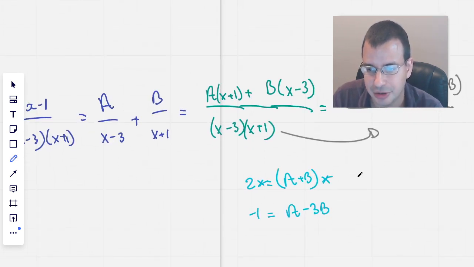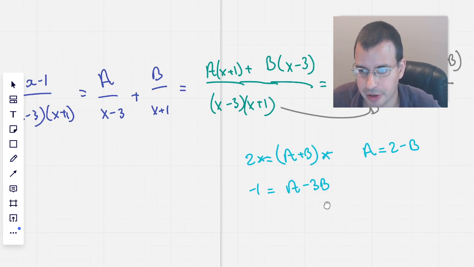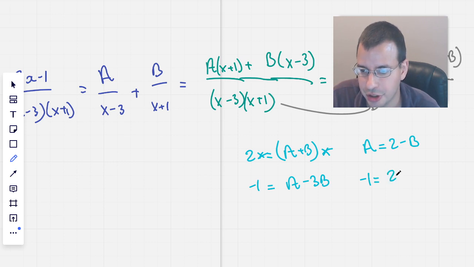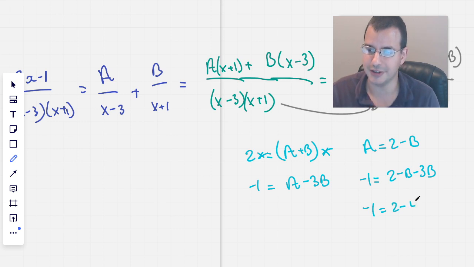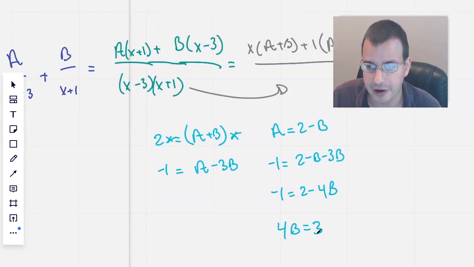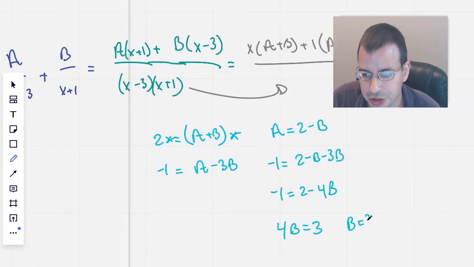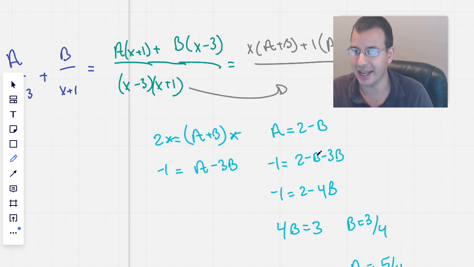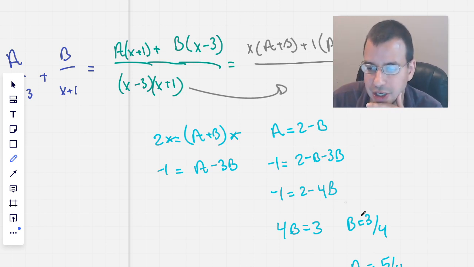So the x's cancel, and we have A equals 2 minus B. We come down here and plug this 2 minus B in for A. We have negative 1 equals 2 minus B minus 3B, so negative 1 equals 2 minus 4B. 4B equals 3. Therefore, B equals 3/4, and A will then be 5/4, because 2, which is 8/4, minus 3/4 gives us 5/4.